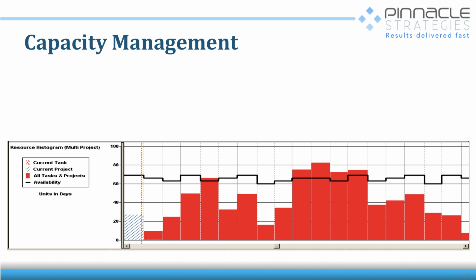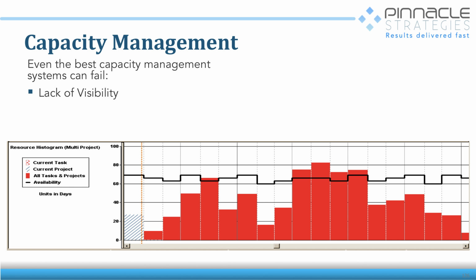Now, I'm not going to get too involved in capacity management here, in the techniques and that sort of thing. But what I want to highlight is that the capacity management process can fail because the requirements are not visible and the capacity is not visible.